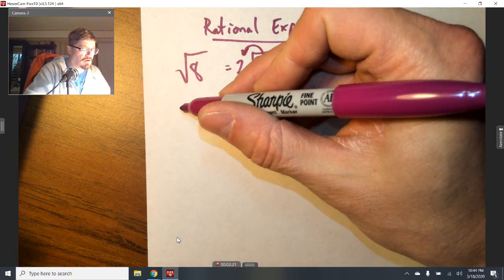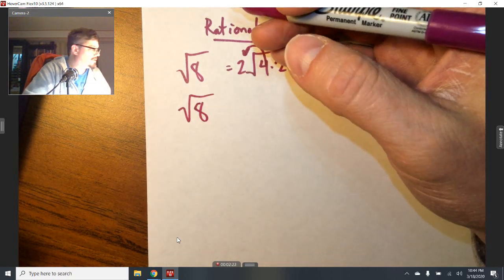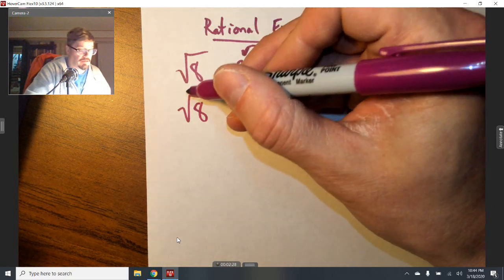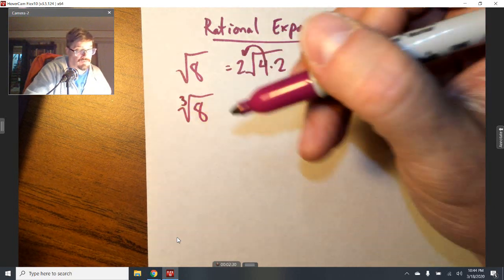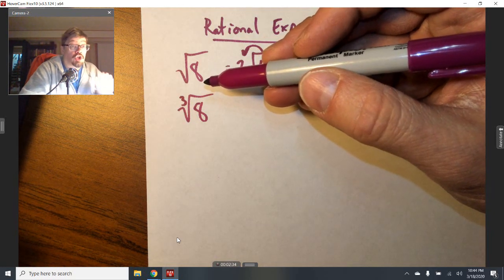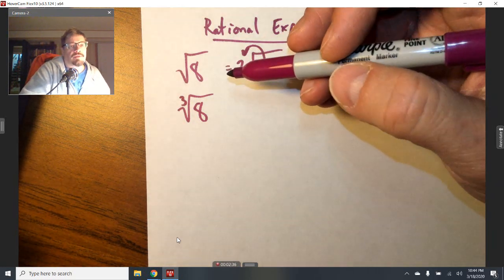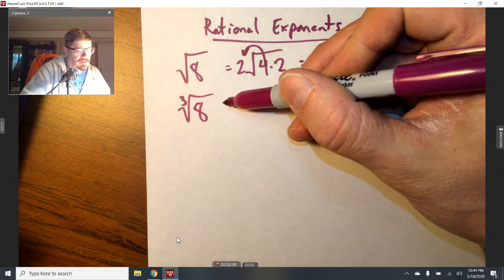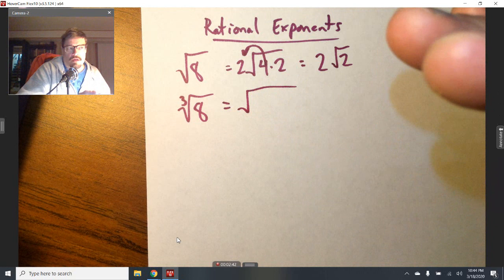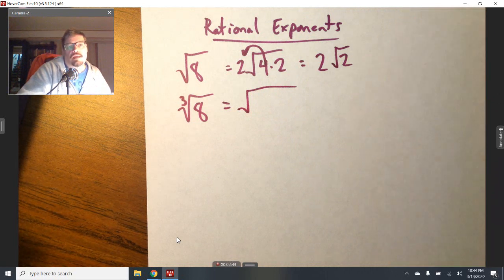But let's take the third root, which means the cube root. The cube root of 8: I'm looking for triples of factors of 8.